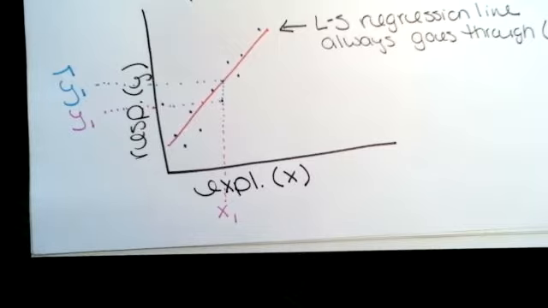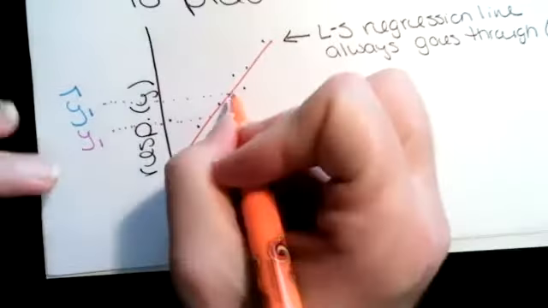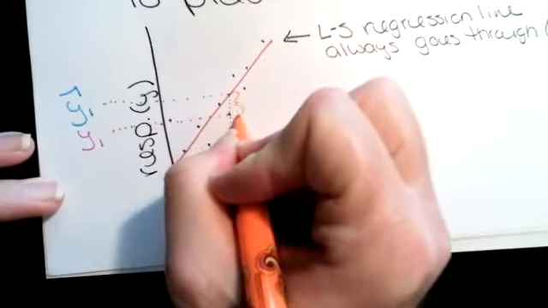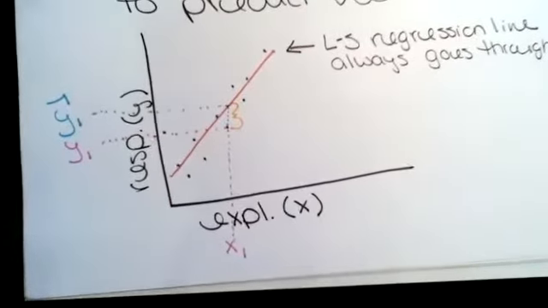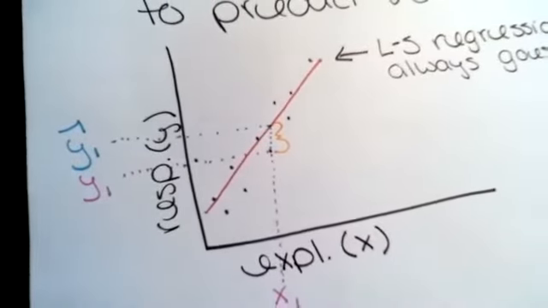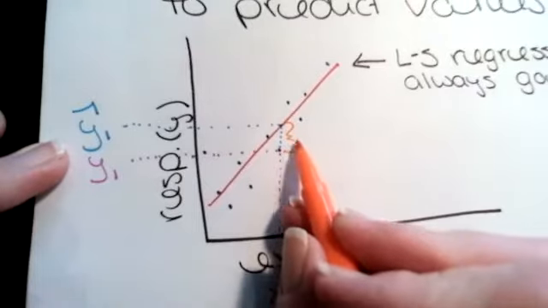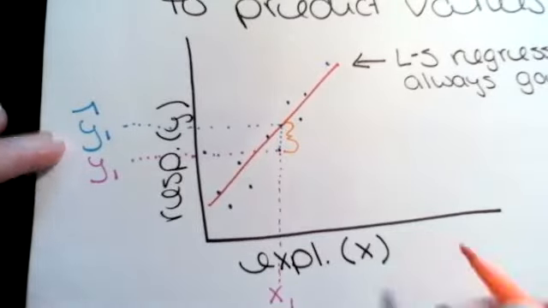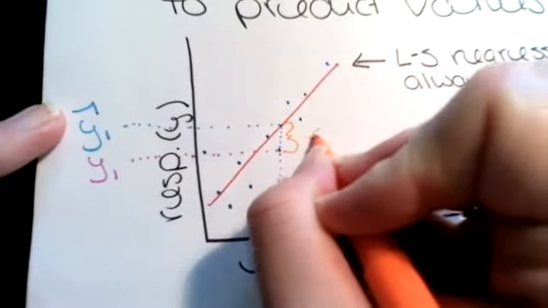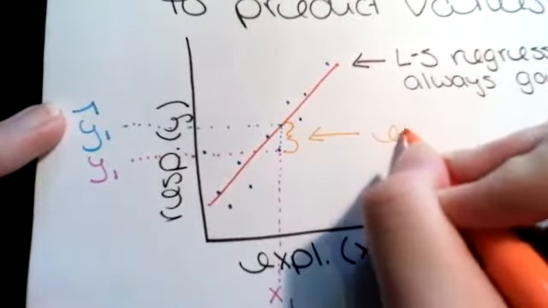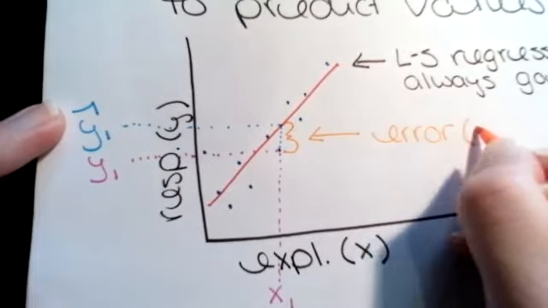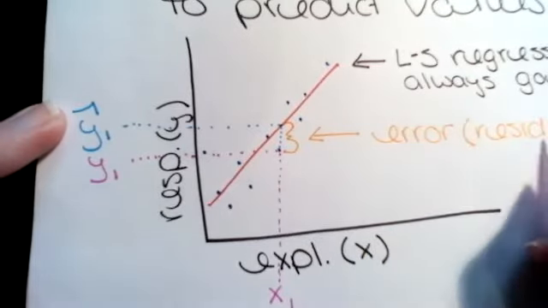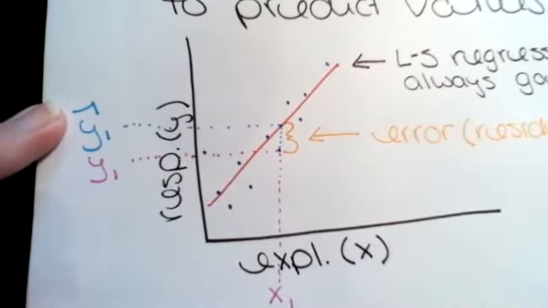So what we're looking at is this difference in here. What we have right here is the difference, and that is my error or my residual. Let me draw an arrow, and it's error or residual right there.